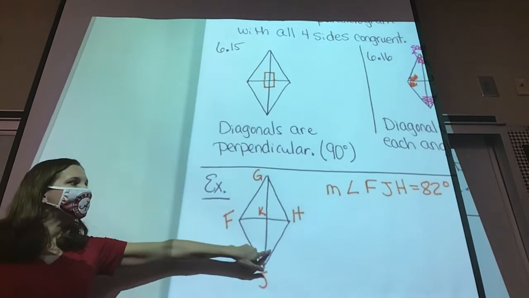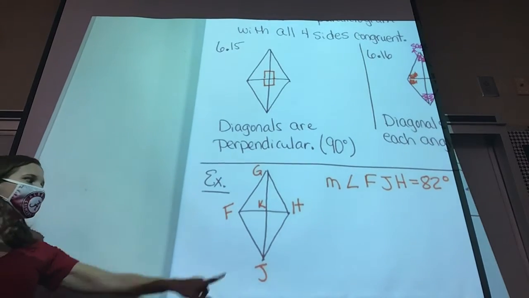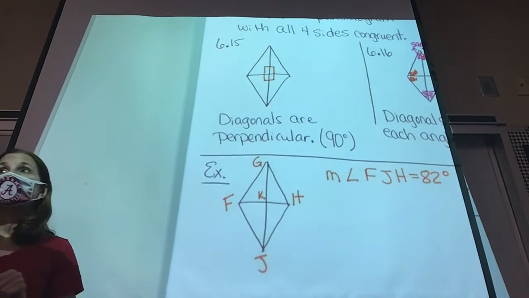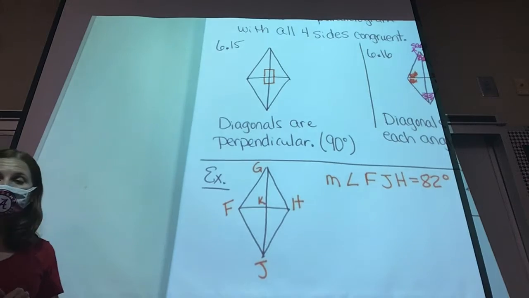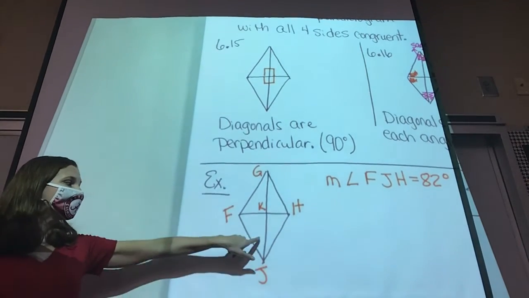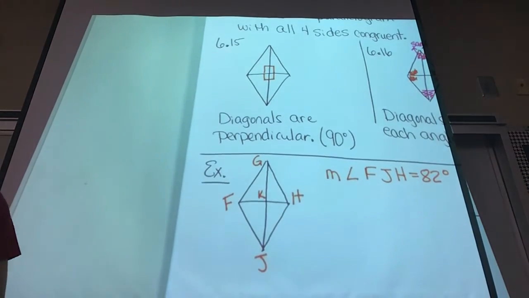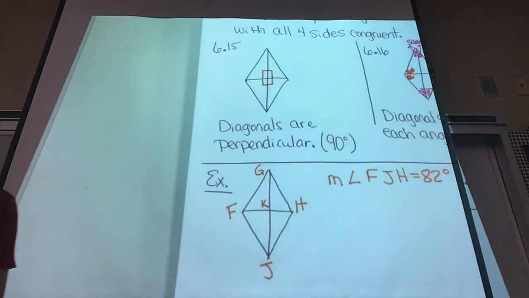So if this whole angle down here is 82, what do I know about each one of these? They're 41. So the whole angle is 82, but each piece here is going to be 41. So I'm going to put that in here.